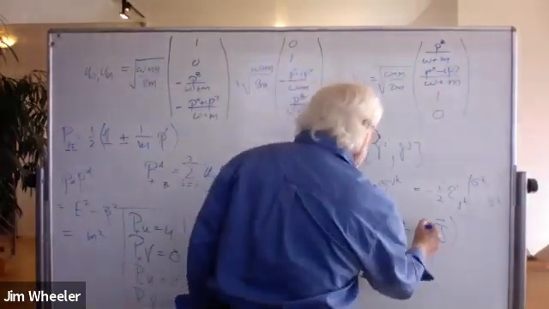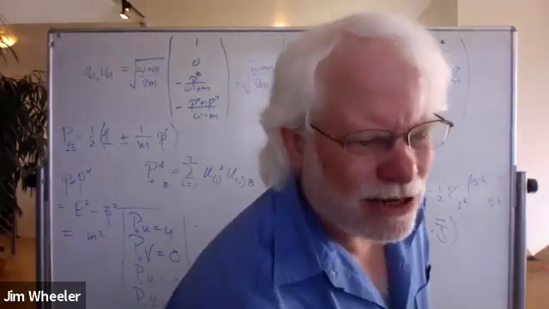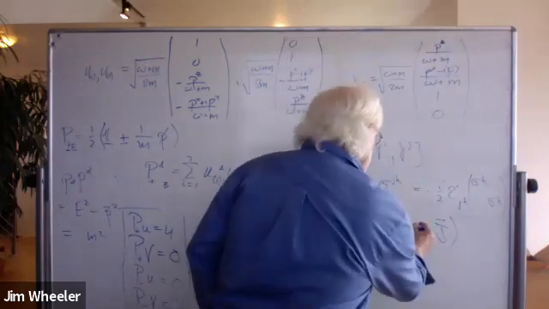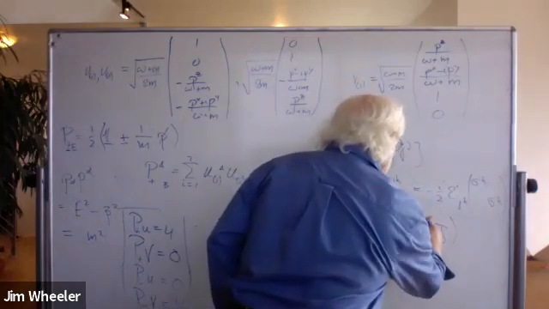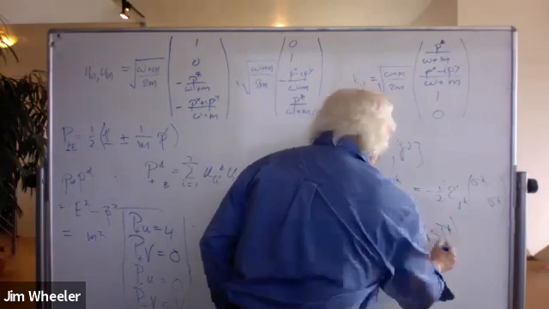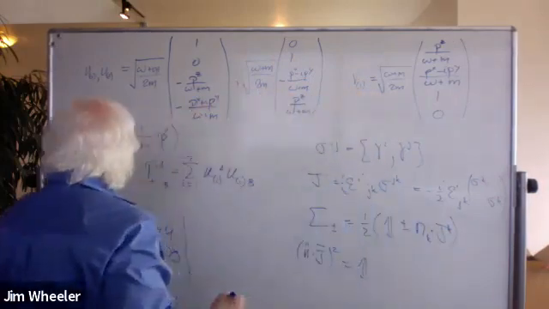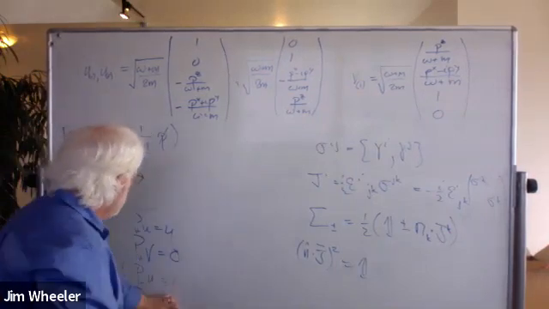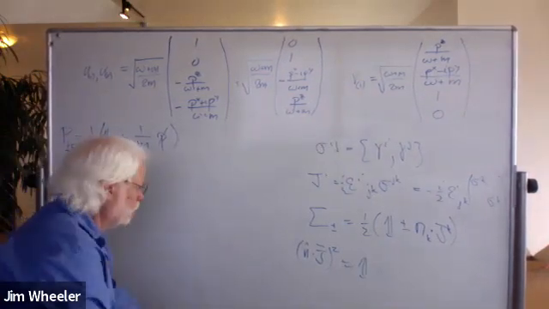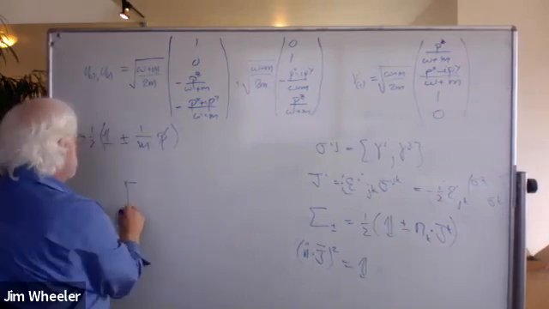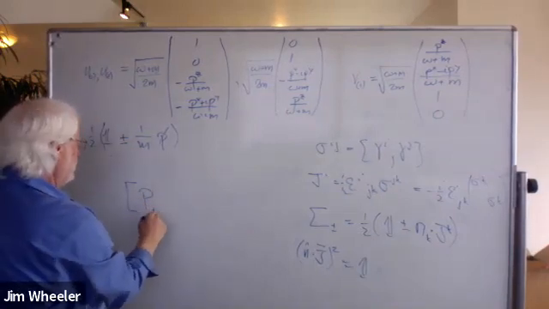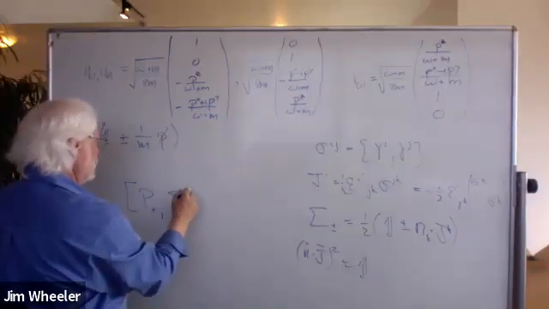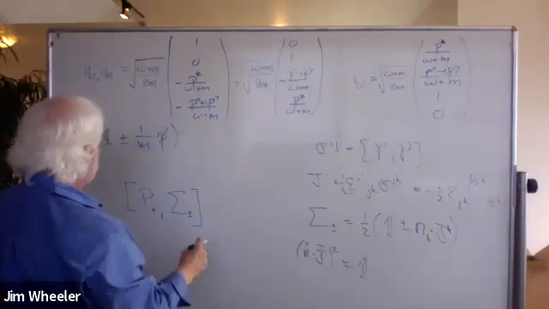Let me just write this in components. So let's see what happens. If I take the commutator of a P, let's say P plus, with sigma plus or minus, we can probably do both at once here.